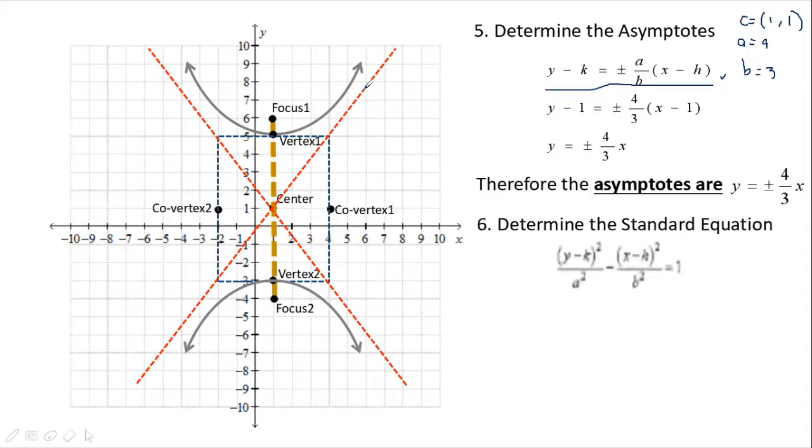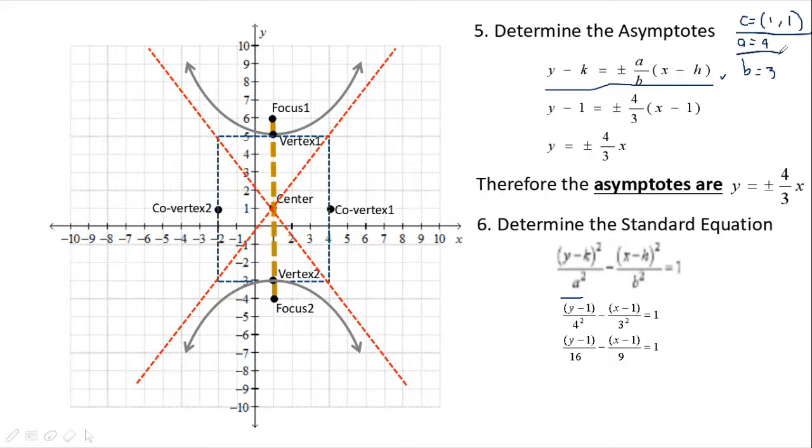In determining the standard equation, we will use the equation (y minus k) squared over a squared minus (x minus h) squared over b squared equals 1. We will use this equation because, again, our transverse axis is vertical. We will substitute the values of a and b and the center.